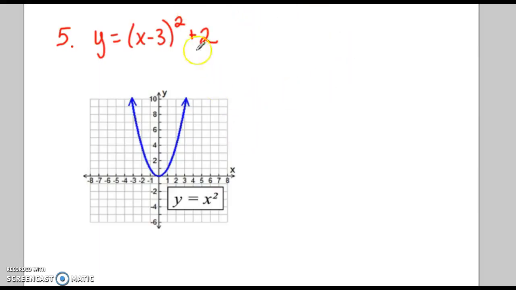So with my number on the outside, I know that tells me it's going to be translated up 2, because it's positive 2. And on the inside of the parentheses, I know I'm going to move 3 units. And we think opposite on the inside of the parentheses. So since it's a -3, we are going to actually go right 3.